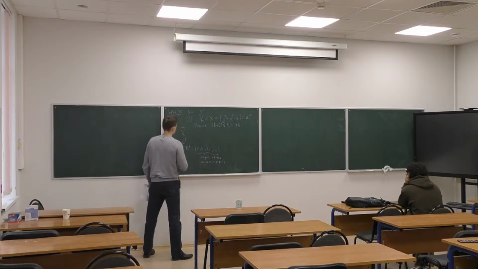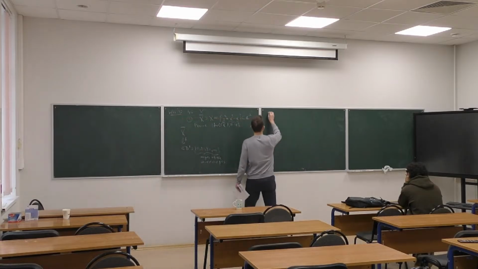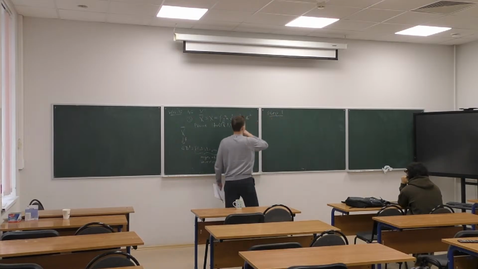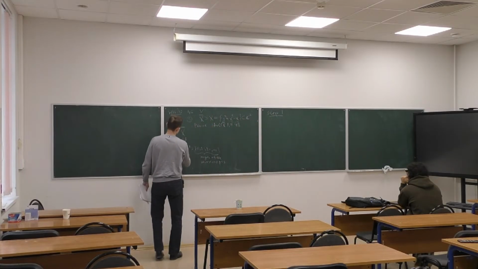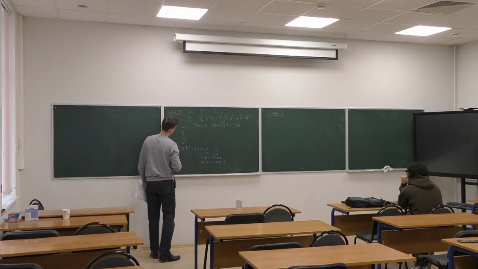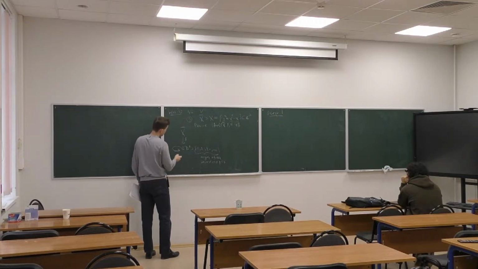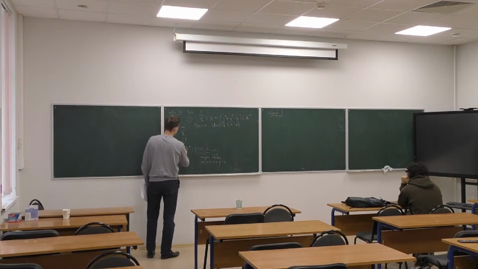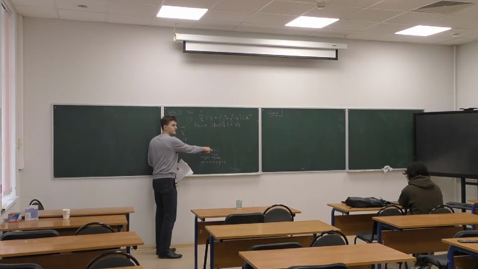Then the solution consists of two steps. The first step is the following. Consider any automorphism of CP1, some phi, that preserves all these points.